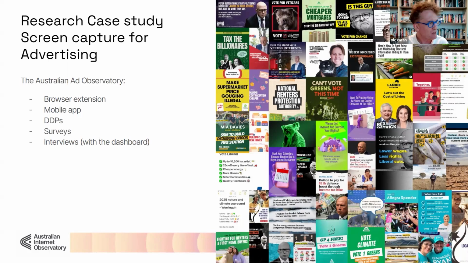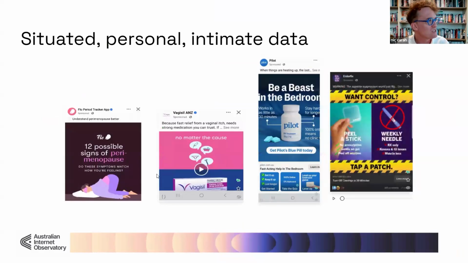So I think I might leave it there so that I can hand back. Oh no, I've got one more thing to say, and then I'll hand back, which is just to offer a final illustrative point about the very rich nature of this data. These are some of the ads, for example, we've seen in the second phase of the Ad Observatory relating to people's personal health experiences, health and sexuality.